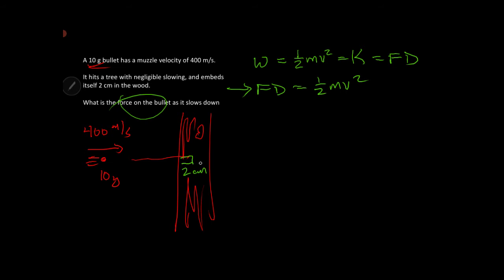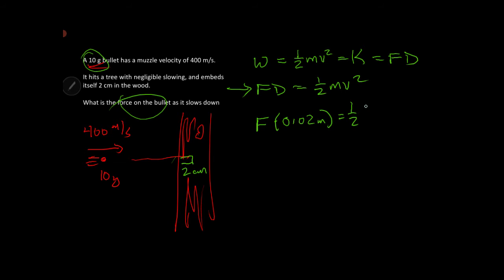Okay, we know the distance, it's 2 centimeters. So let's just come down here, the force times 2 centimeters, which is 0.02 meters, is equal to 1/2 times the mass. So that's 10 grams, so we want to put that in kilograms.